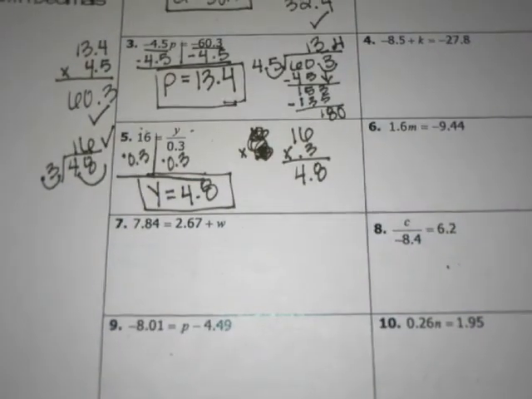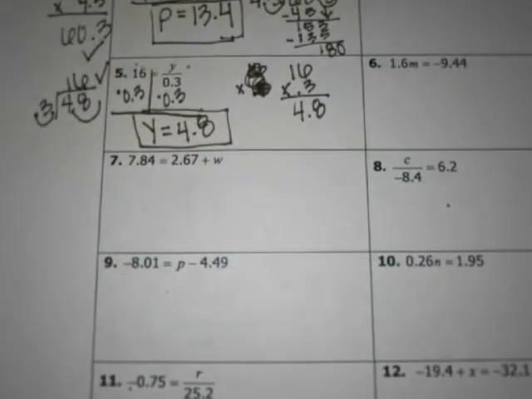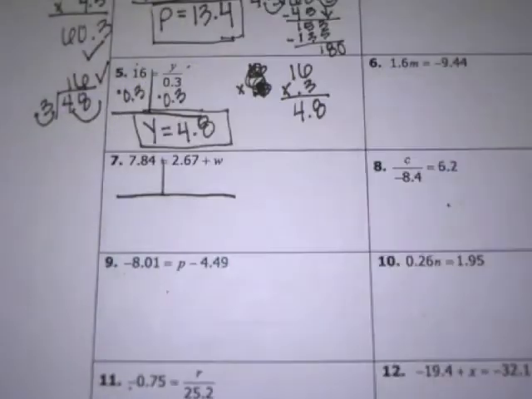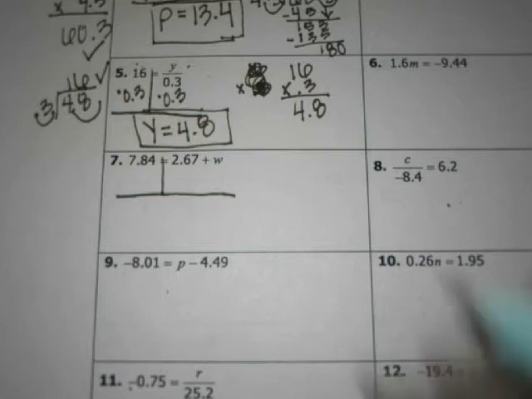Okay, number 7. I want W all by itself. What do I need to do? Go ahead, everyone. Subtract 2.67 or 2 and 67 hundredths.